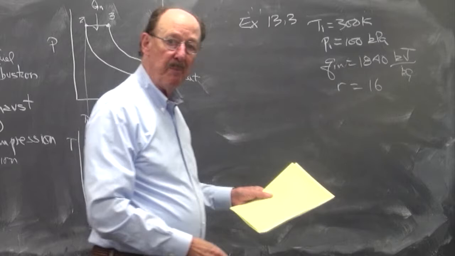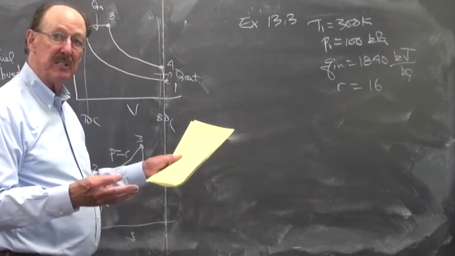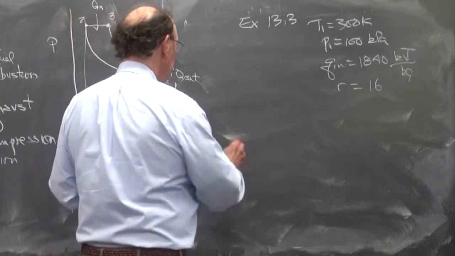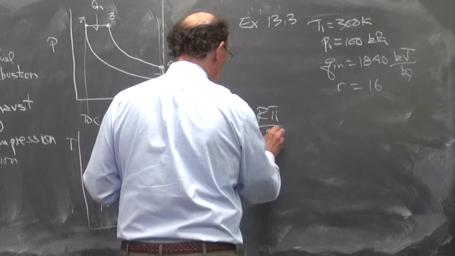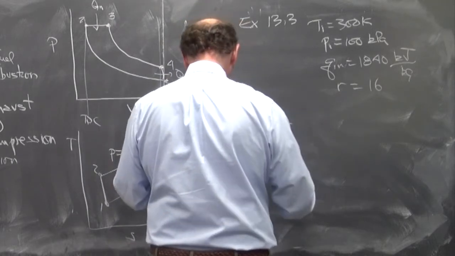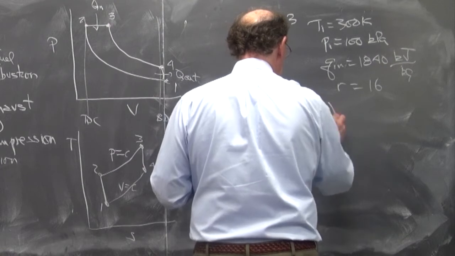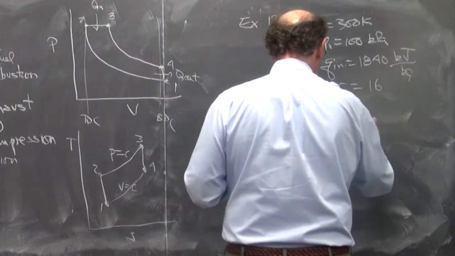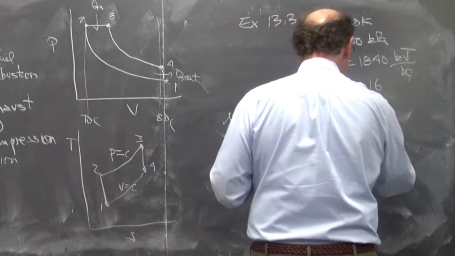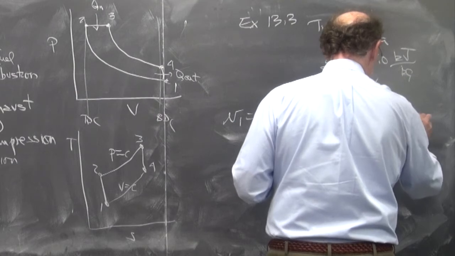So rather than R being 8, R is 16. Now we'll go through it and find the various cycle state points. So V1 is R T1 over P1, which is 0.287 times 300 over 100, is 0.861 cubic meters per kilogram.